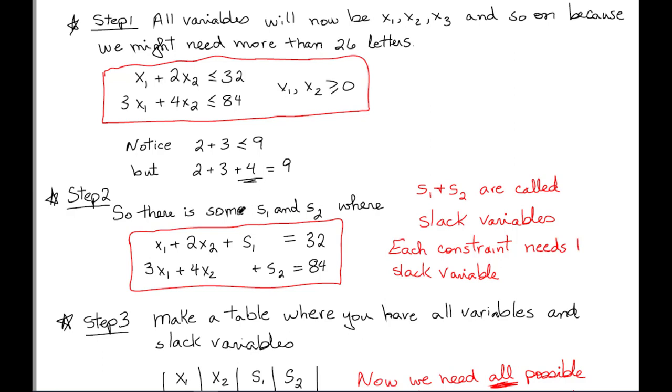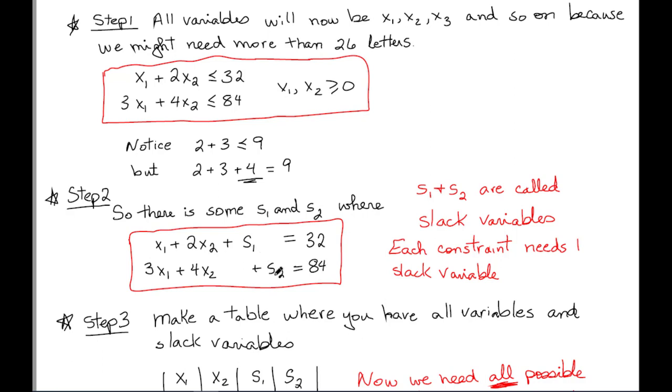And so I do that for each of my constraints. So in the first constraint, I'm adding S1, and that'll bring it up to 32. And I'm adding S2 to the second one because it's probably not the same amount as the first one. And that'll bring it up to 84.